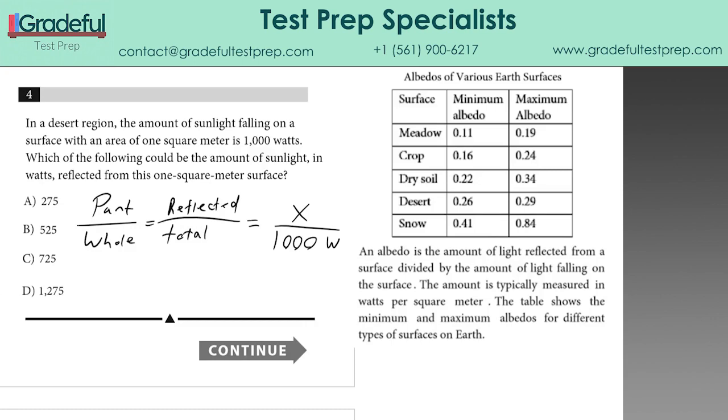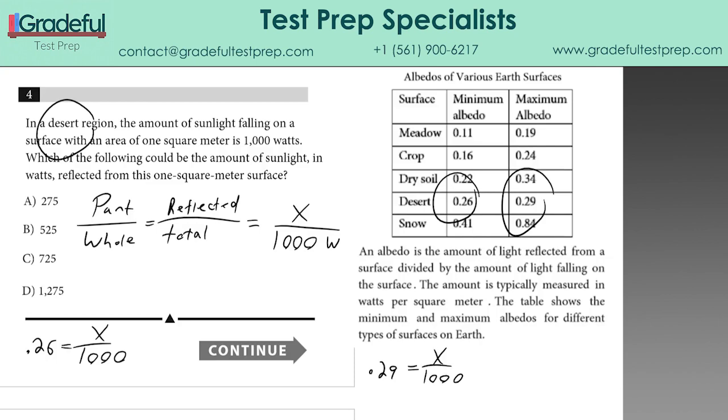So if the albedo for the desert region is at its minimum, which is 0.26, then 0.26 is equal to x over 1,000. It's the ratio of the amount reflected to the total amount of light. And by the way, at the maximum, it's 0.29.